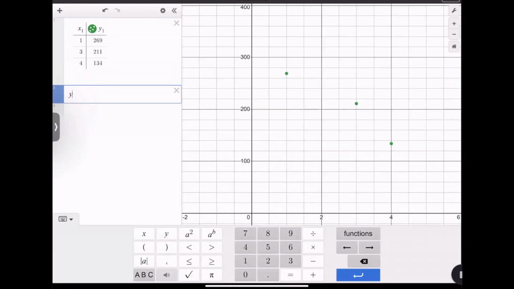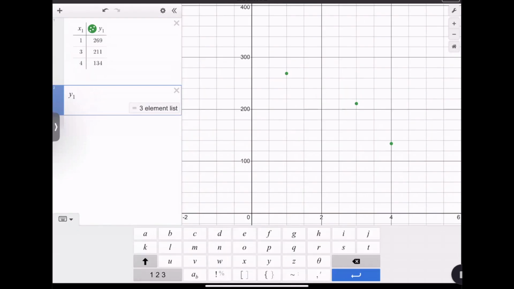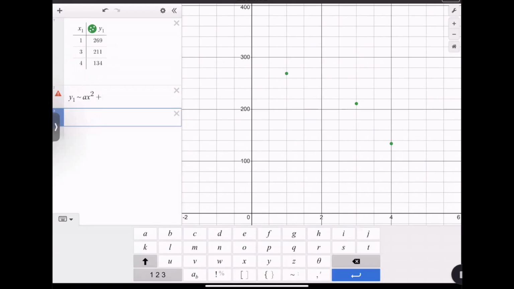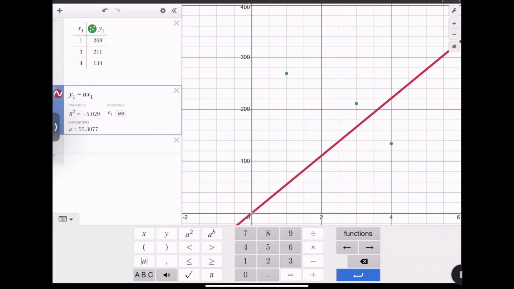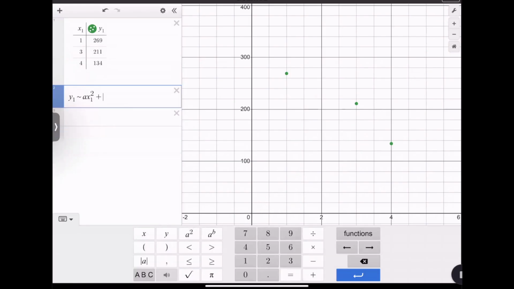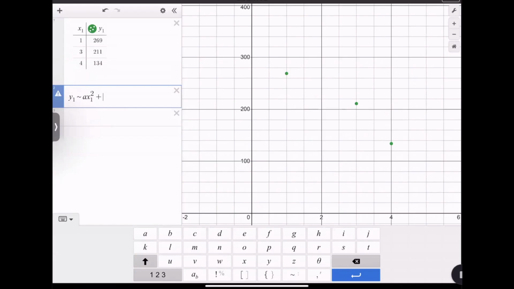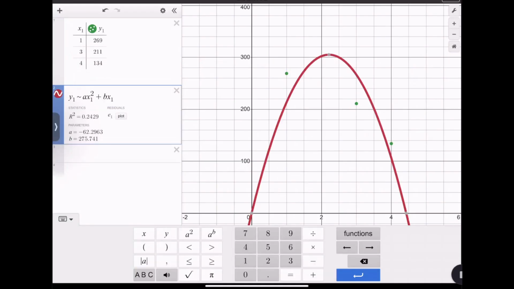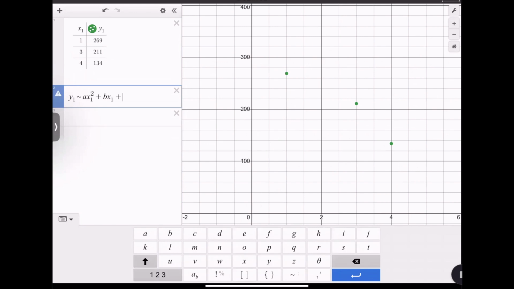Then we say y1 is approximately a times x1 squared plus b x1 plus c.